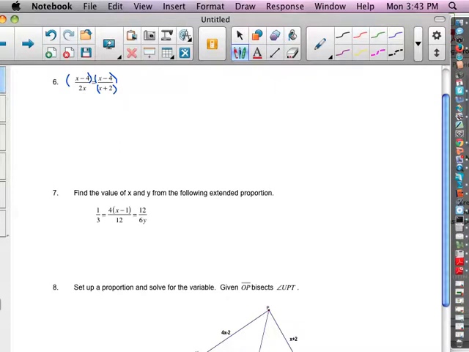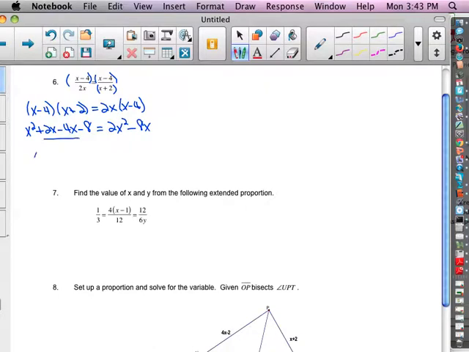Again, you're going to cross multiply, so you'll have x minus 4 times x plus 2 is equal to 2x times x minus 4. FOIL, you get x squared plus 2x minus 4x minus 8 equals 2x squared minus 8x.